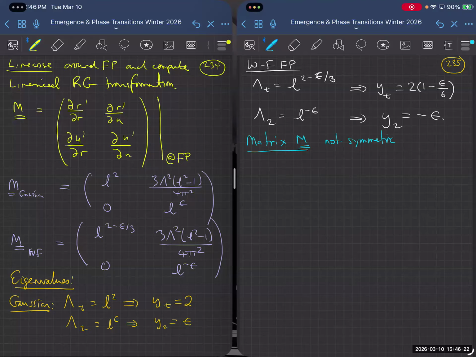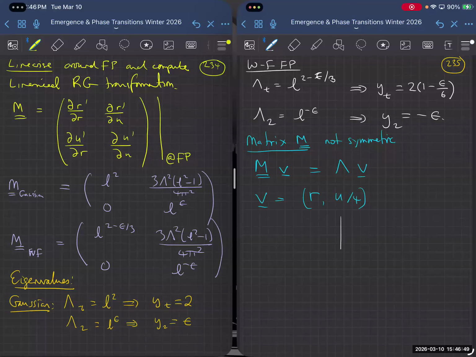And if I compute the matrix M times the eigenvectors equal to some eigenvalues times V, then the eigenvectors turn out to be something like this, in terms of R and U naught over 4. The eigenvectors look like this.